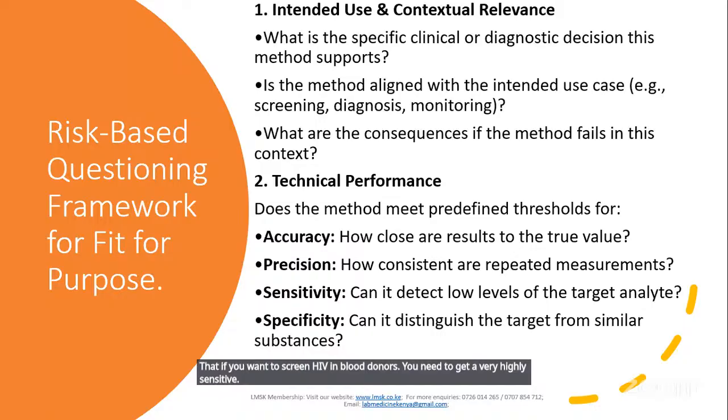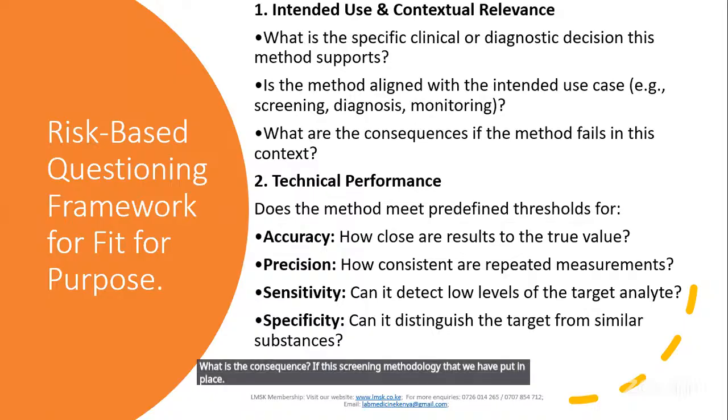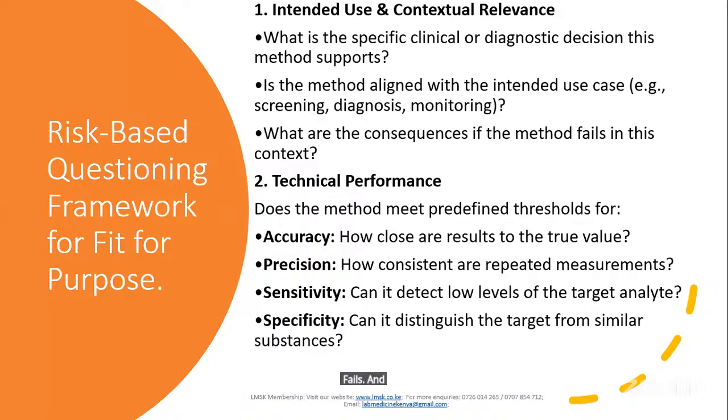So you ask yourself, what is the consequence if this screening methodology that we have put in place fails and is being used in blood donors? That is just a rhetorical question for our own consumption.